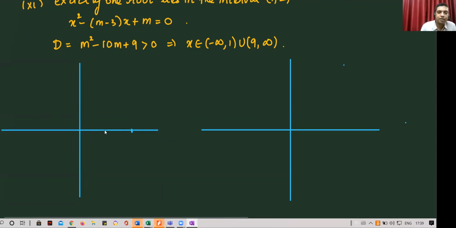Okay, I plot 1 and 2. Now exactly one root lies here. Parabola is opening upwards.